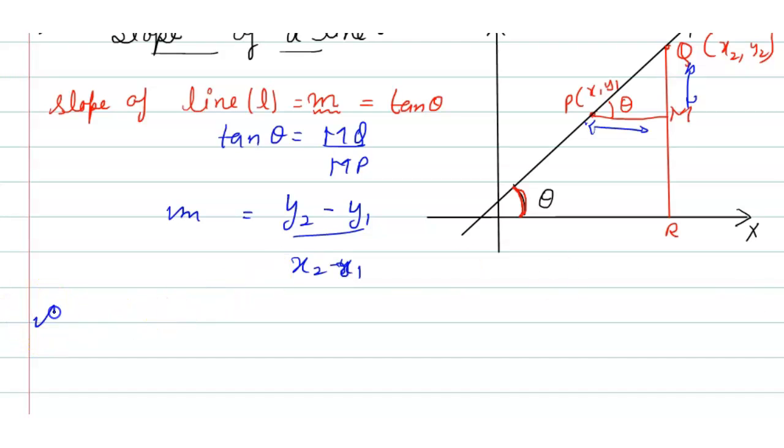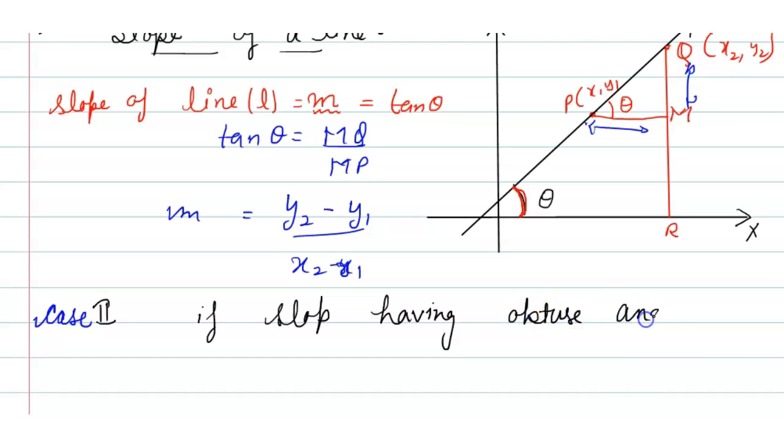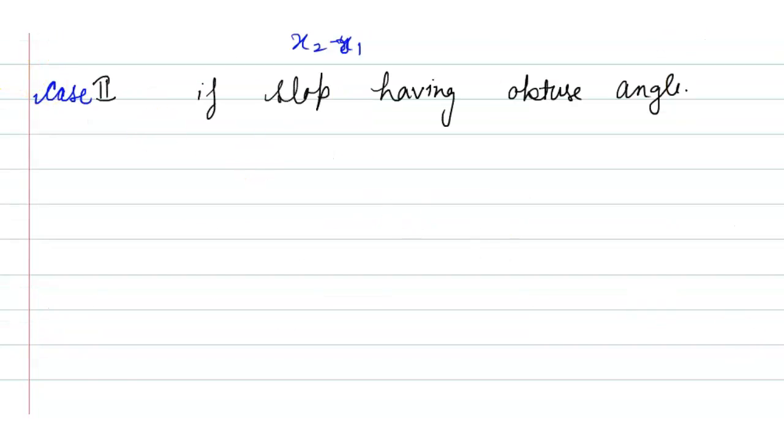Now in case 2, if the slope has an obtuse angle, we will draw the y-axis and x-axis again. Here is the y-axis and this one is the x-axis.